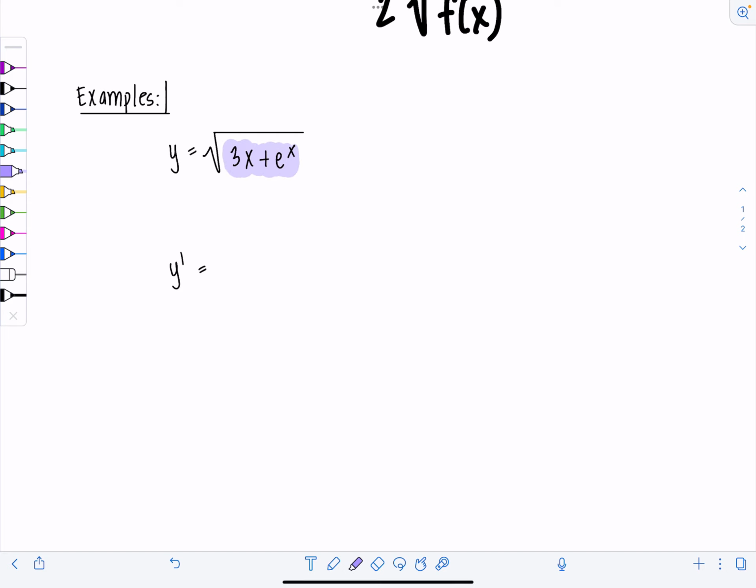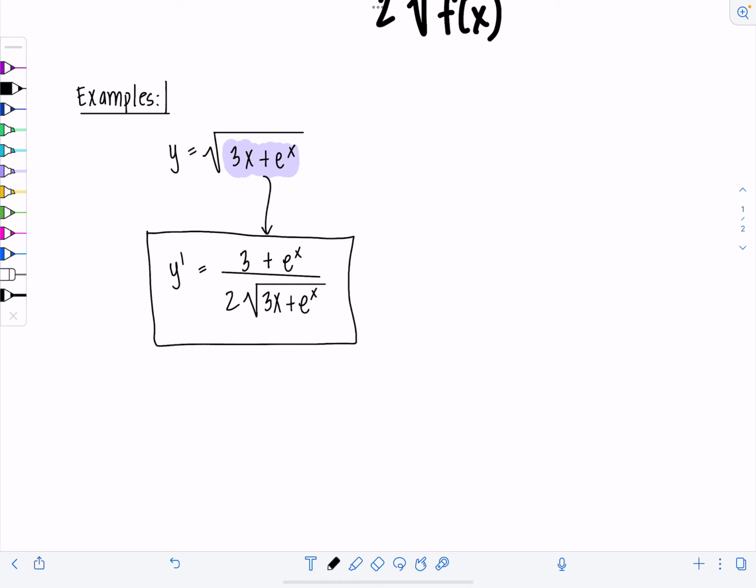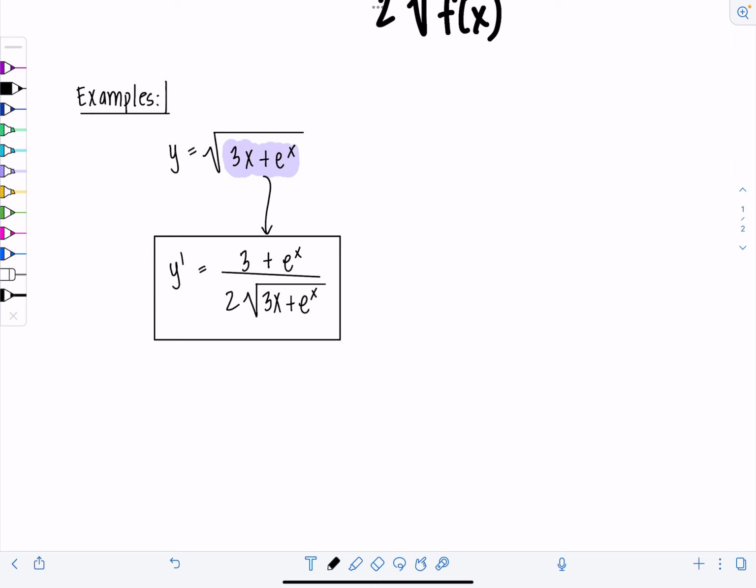So you throw in the denominator 2 with the original radical expression, 2 rad 3x plus e to the x, and then the derivative of what's underneath the radical, that's called the radicand, goes in the numerator. 3, that's the derivative of 3x, plus the derivative of e to the x is e to the x. And we're done. Literally that easy.